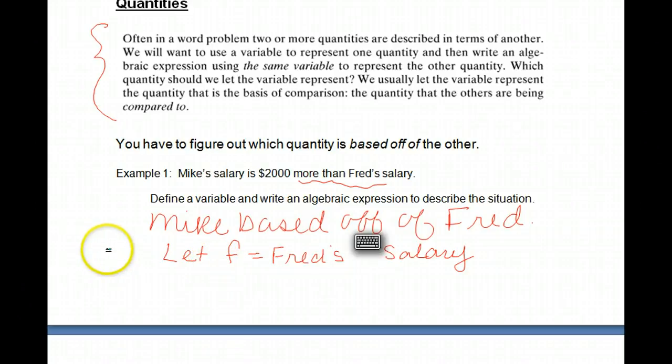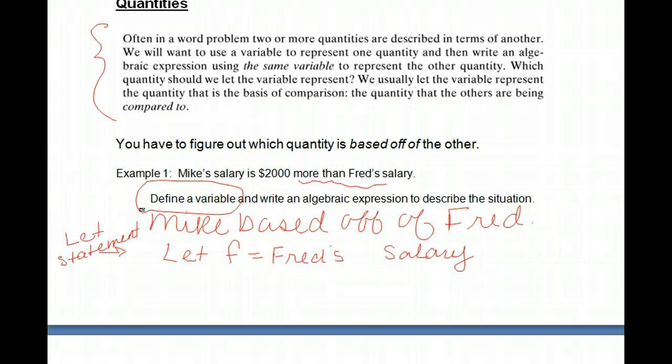This is called a let statement, and it is what's called defining a variable. It tells me and you and your viewer what your variable represents in its base form.